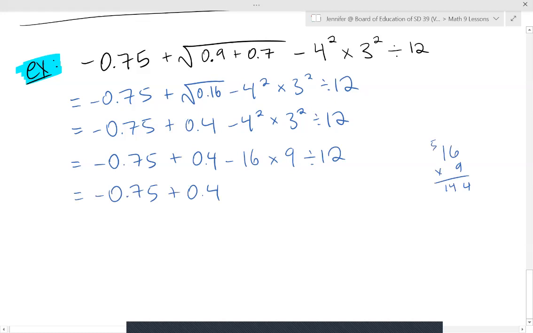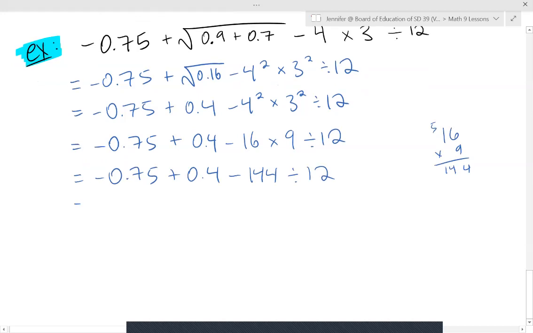So that gives us, we've got negative, because this negative is out front, we've got minus 144. And then we've got the divided by 12 is still there. Now we have our last piece of division before we move to the addition and subtraction. This works nicely. We've got 144 divided by 12. That gives us 12. So we've got a minus, because we continue that minus down, 12.